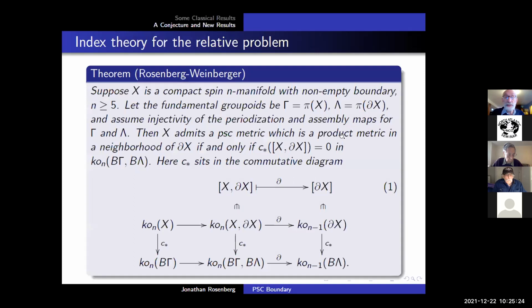So let's go back to this. I've replaced, by the way, a little ko by capital KO, which is okay because the periodization maps were assumed to be injective. All right, so the reason for going to capital KO is that that's what's more directly connected to index theory.